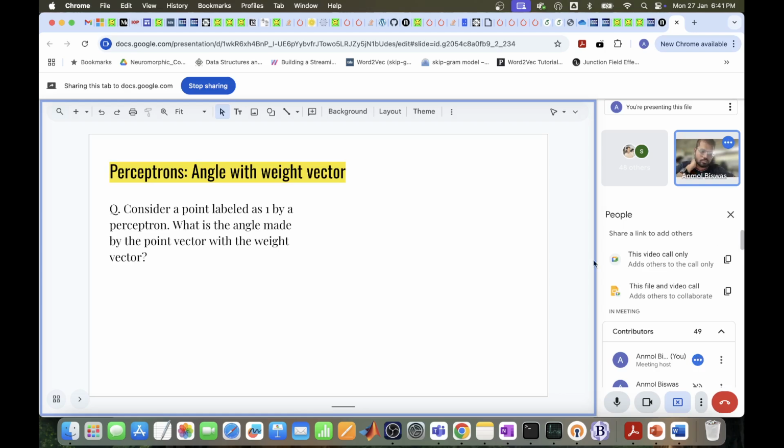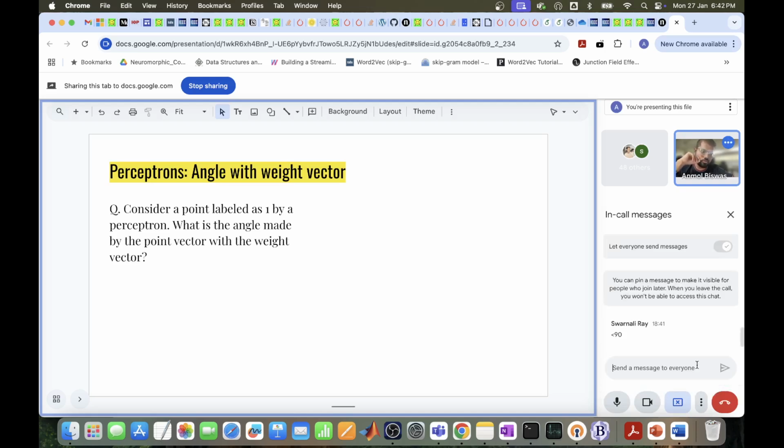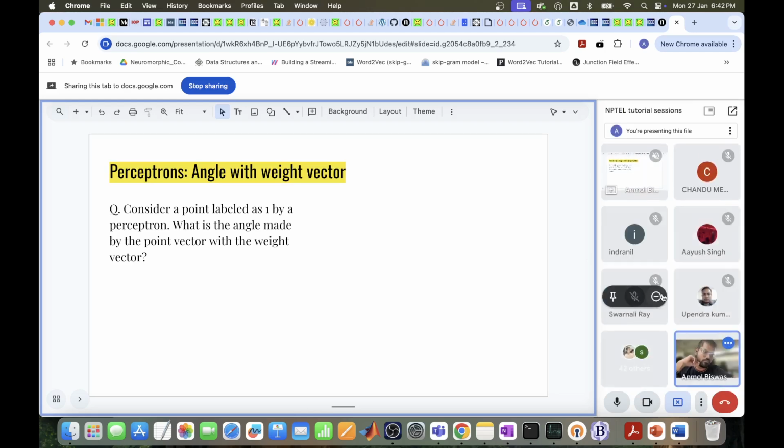So once again, I will give some time to people to work it out on their own, and then we will look at the solution. Specifically, I will explain the geometry of how it happens, why this happens, why it is how it is.